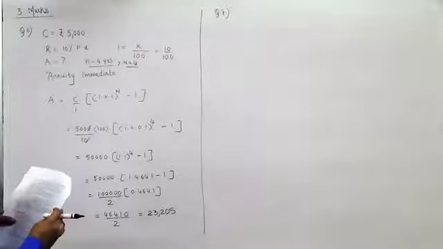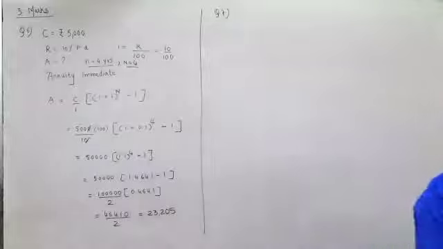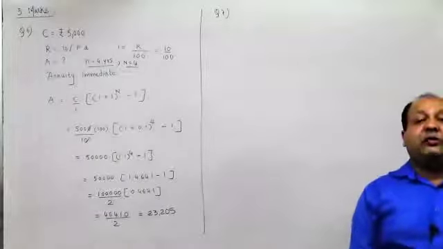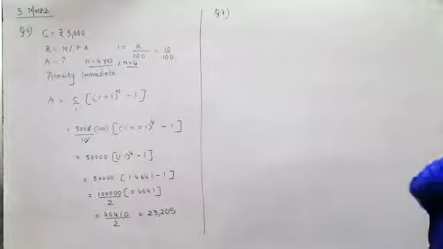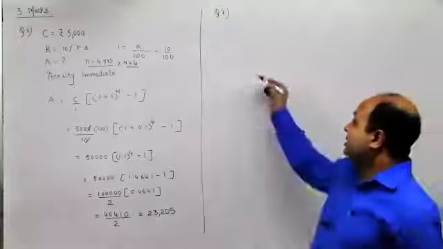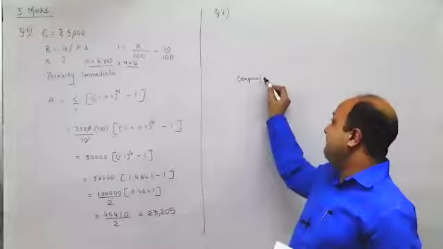Find the amount of an ordinary annuity, same as annuity immediate, if a payment of rupees 500 is made at the end of every quarter. That means it is getting compounded quarterly. So first thing you have to write over here, it is getting compounded quarterly.